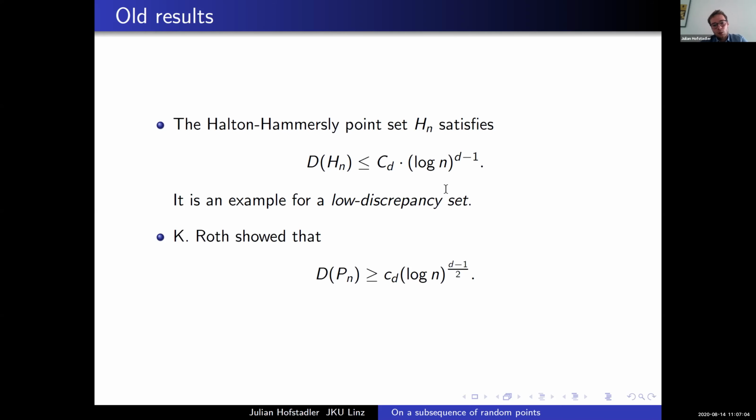On the other hand, we have this famous lower bound, which is due to Klaus Roth from 1954, if I remember right, who showed that for any point set Pn, the discrepancy is bounded from below by another constant depending on the dimension times log n to the (d-1)/2.